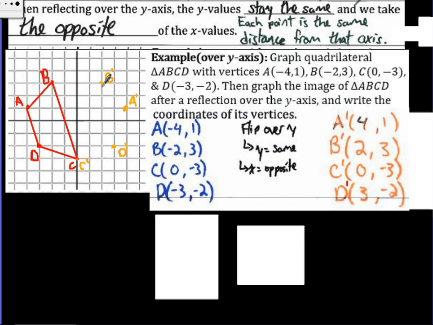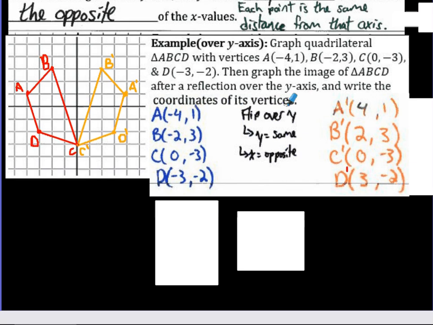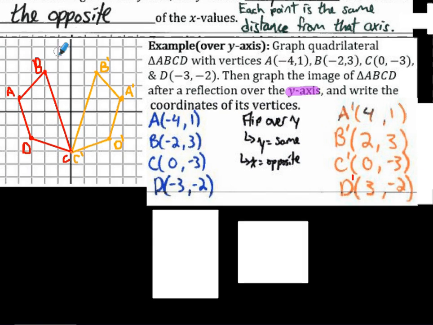As soon as you plot those points, you can connect them to show your image, and we know we're good. The y-axis is what we are reflecting over.